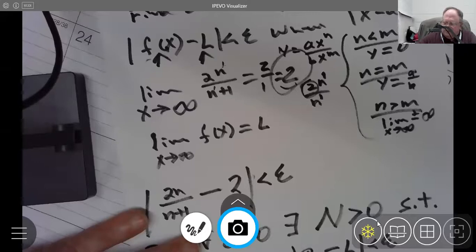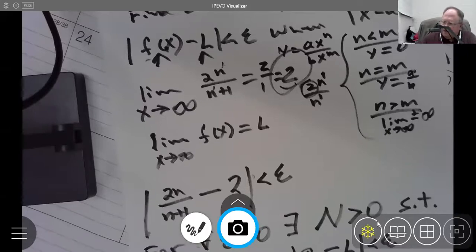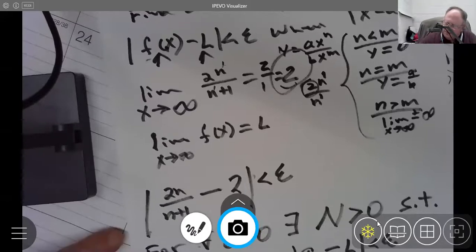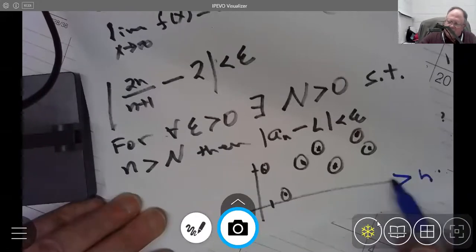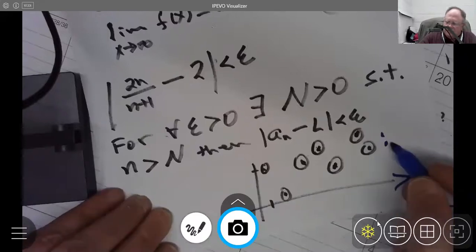As n gets larger, these dots are going to start getting closer together.